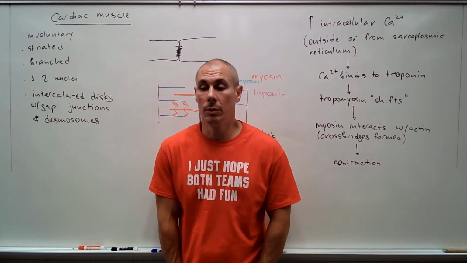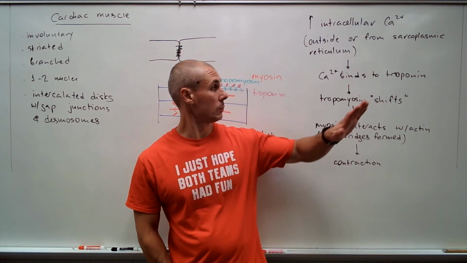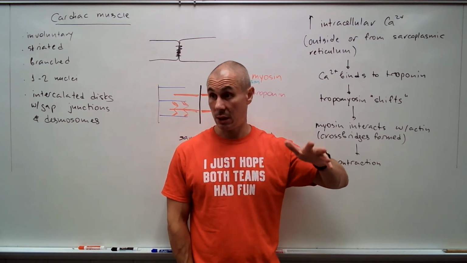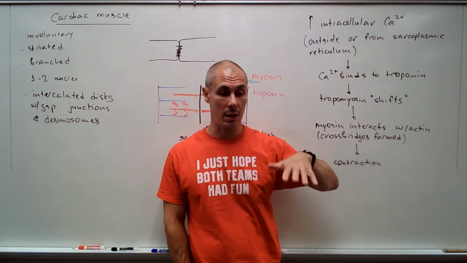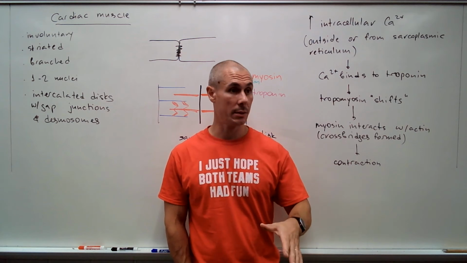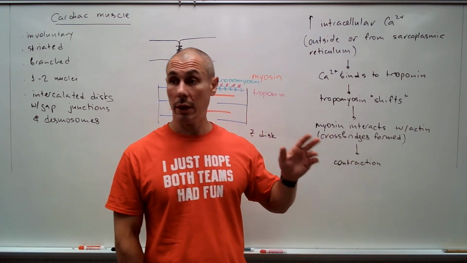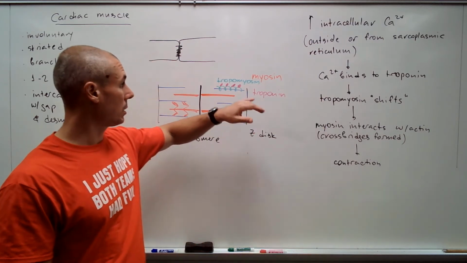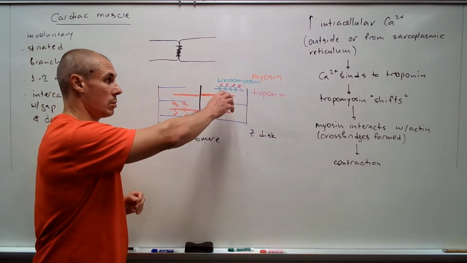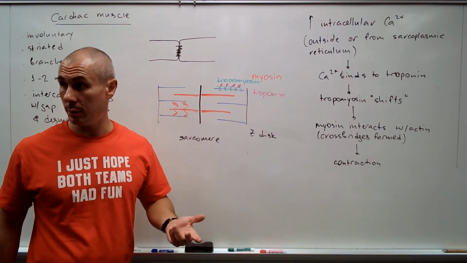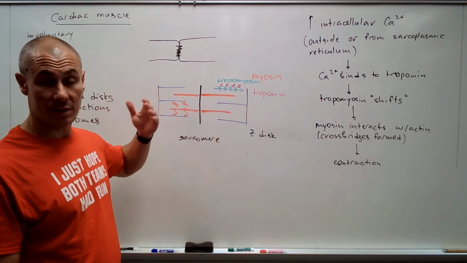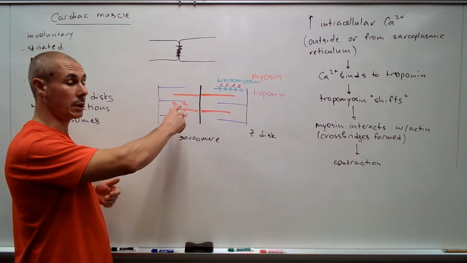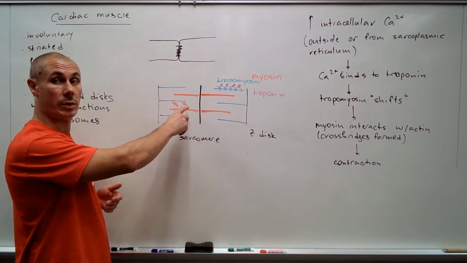Are you following me? So listen up. I'm going to say it one more time. I'm going to go over it one more time with you folks. So we start with elevated levels of calcium in the cell. Does that make sense? Calcium in the cell binds to troponin. The binding to troponin results in a change in the tropomyosin shape. So actin becomes available, and it can interact with the cross bridges, with the myosin heads.